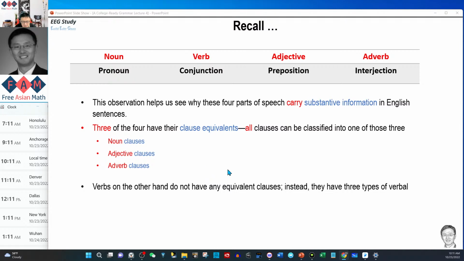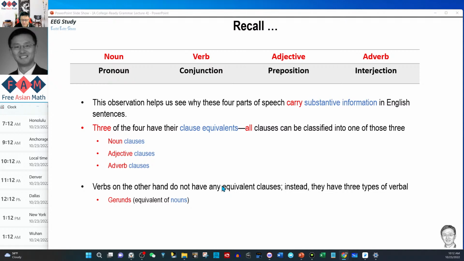And the verbs, they have 3 different types of verbals. Again, you don't have to worry about those terms for now because we have not formally studied them. This is just a preview of what will be coming in this course.